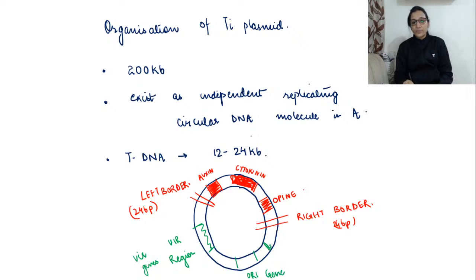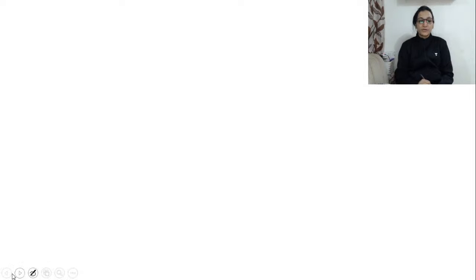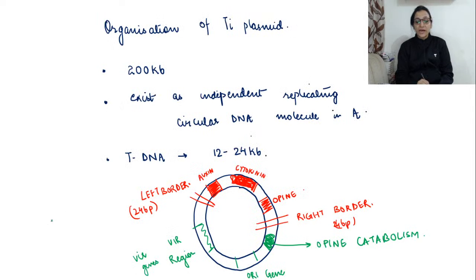And then there will be a portion which is responsible for opine catabolism. These are the regions which are present in the Ti plasmid of Agrobacterium tumefaciens, which is not completely transferred, but a part of it is transferred, right? We have already talked about that.